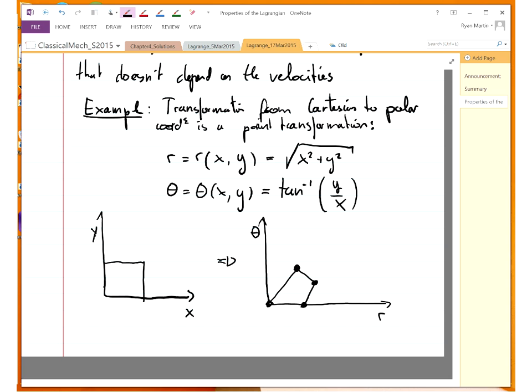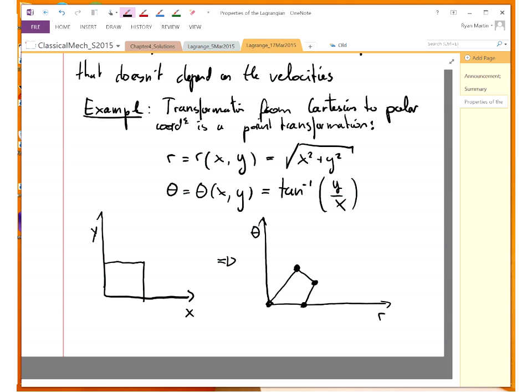So that's important for the Lagrangian, because ultimately the goal in the Lagrangian is to solve for the motion, let's say, of a particle in our Cartesian space. And so that's going to be a line that it follows. And that line will map onto its own line in the polar coordinate space.